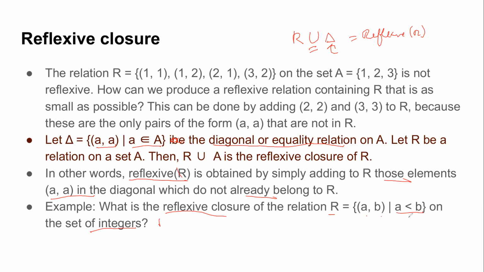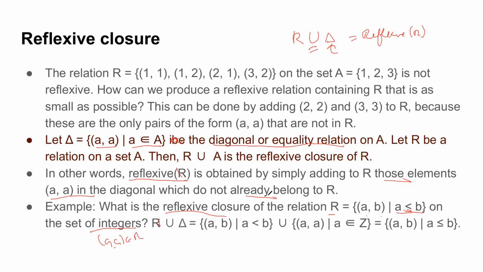I want to make it a reflexive closure. What should I add? Remember, reflexive means all the elements in A should have the elements of the form (a,a) in R. Excellent. It is by removing the strict inequality and making it less than or equal to, right?